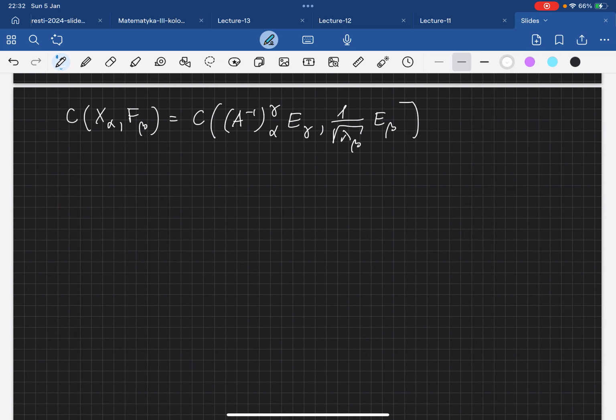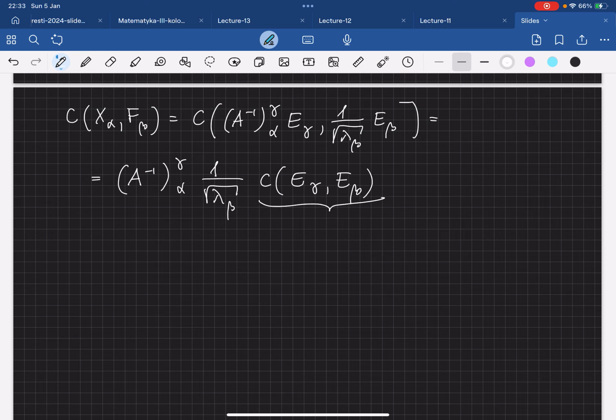And again we use the properties of the covariance, and what we have is those matrix elements times 1 over the square root of lambda beta, and the covariance between E gamma and E beta.